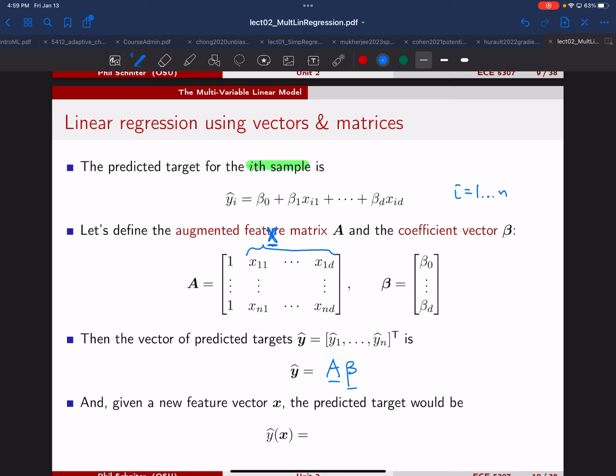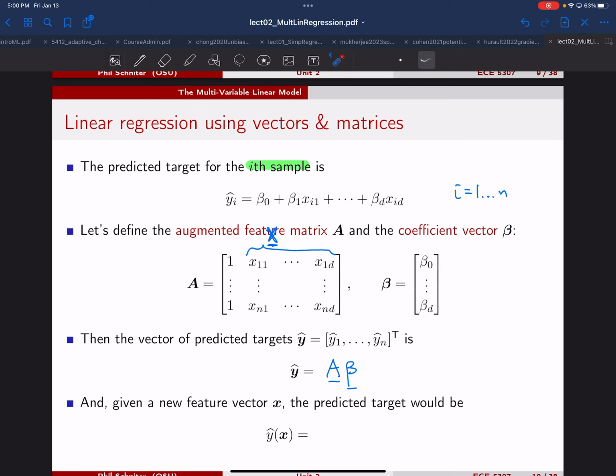So if I want to look at, for example, the ith row of y hat, that would be y hat i. I know that y hat i has this equation here. So what I want to do is extract one of these rows and do the inner product with this vector.